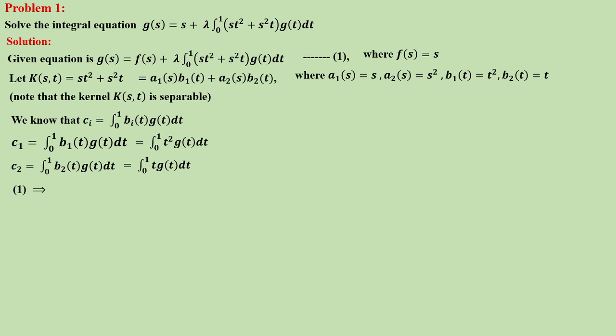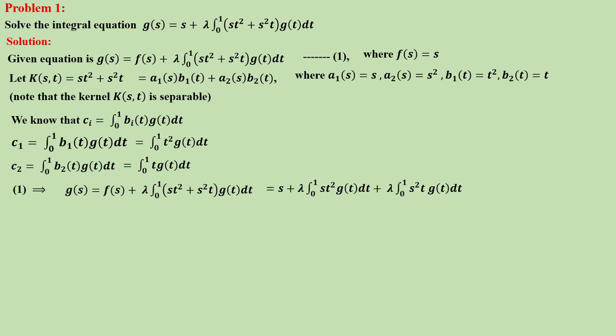So g(s) = f(s) + λ ∫₀¹ (s t² + s² t) g(t) dt, which is equal to s + λ times the integral split into two. First, ∫₀¹ s t² g(t) dt, the first term, plus λ ∫₀¹ s² t g(t) dt, the second term.